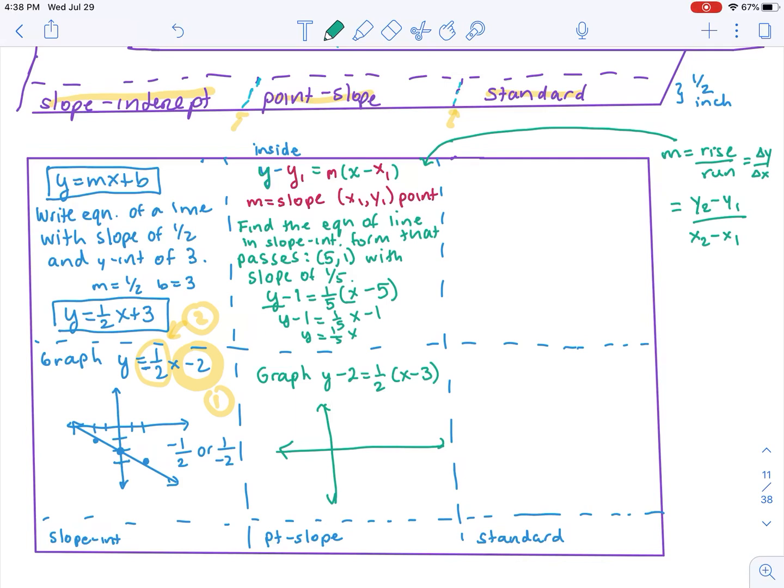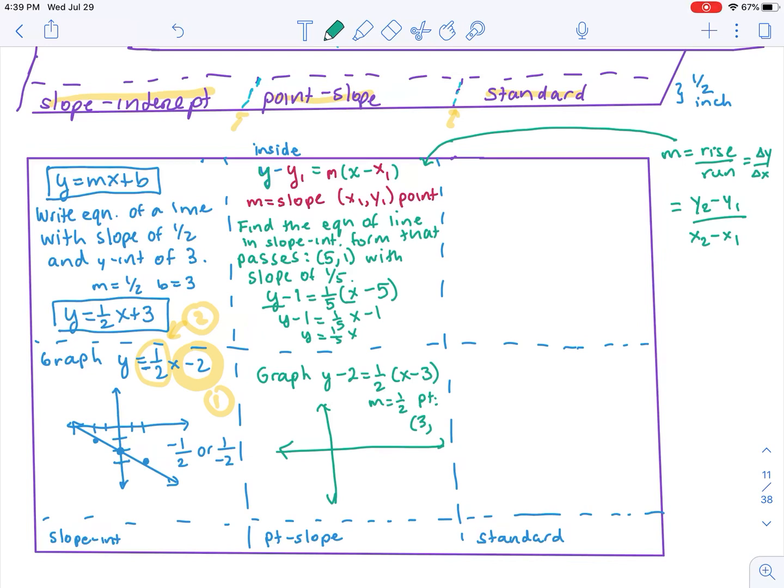Or I can just take the information from the point-slope form and graph from there. So if I look, I know that the slope is 1/2 for sure. The coordinate point that it passes through: the opposite of -3 is +3 because it's x minus x1. So I just want x1.